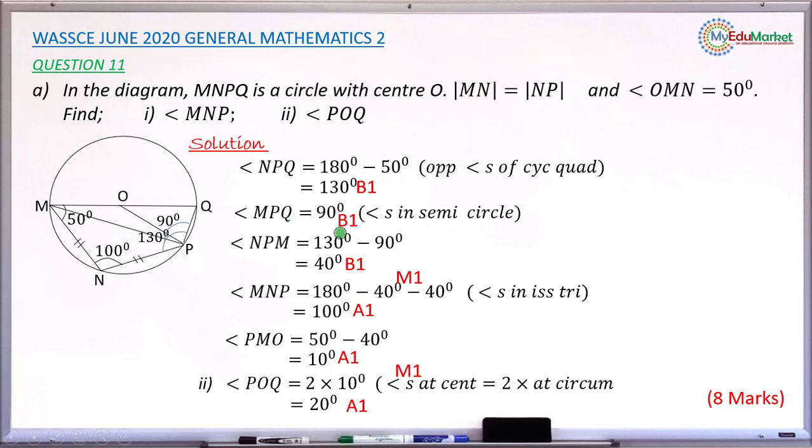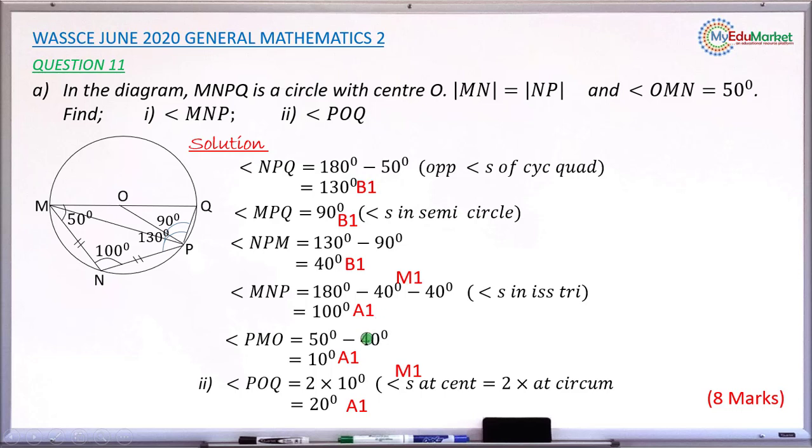Next is another bonus 1 mark for getting angle NPM as 40 degrees. Next is a method 1 mark for attempting to get the angle MNP, subtracting the two base angles from 180 using the theorem of sum of angles in an isosceles triangle. Next is an accuracy mark, when you have 100 degrees exactly as the size of angle MNP.